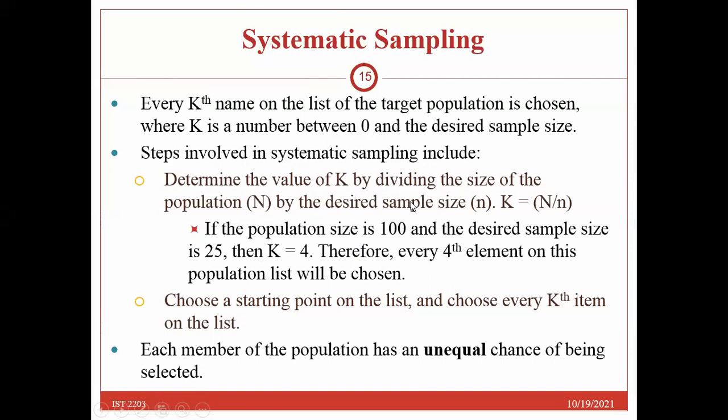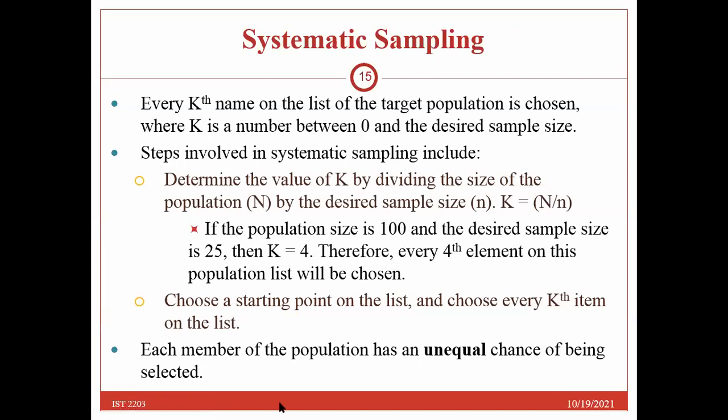So you have 100, but you want 25 samples. So you divide 100 by 25, so your k will be 4. Therefore, you will be selecting every fourth element of the population. You just choose where you're starting from and you choose every fourth.